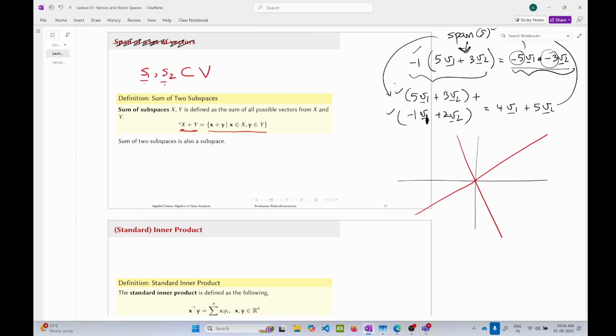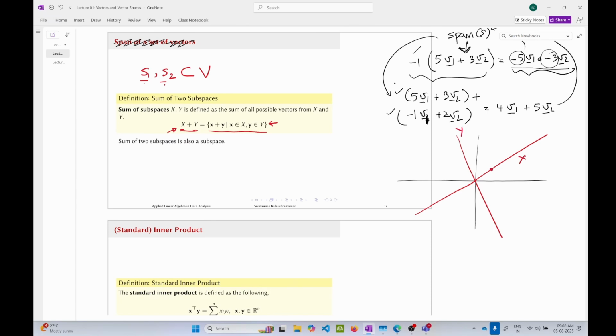So S1 and S2, or X and Y, are subspaces or sets. We're now defining an operation that's essentially addition of these two sets, which will produce another set. And that set is given by this.